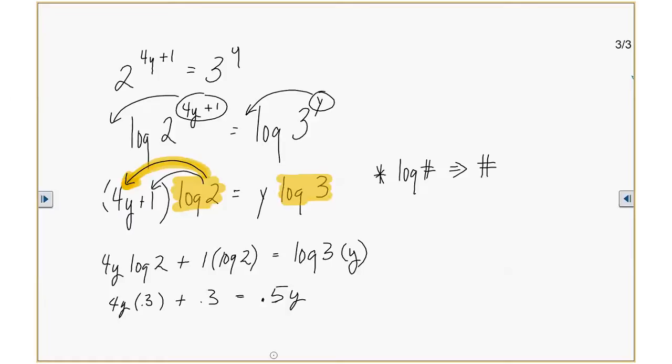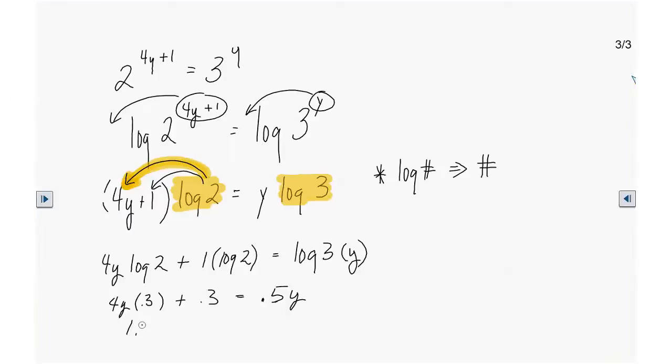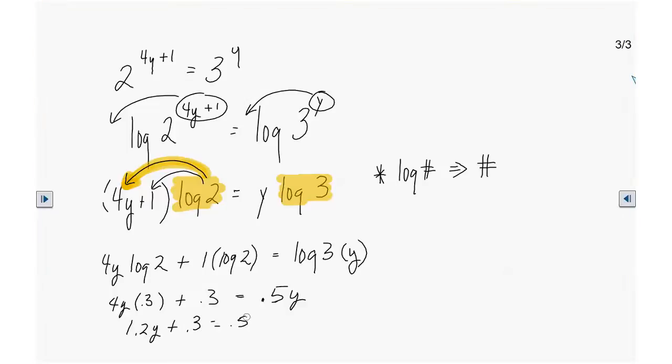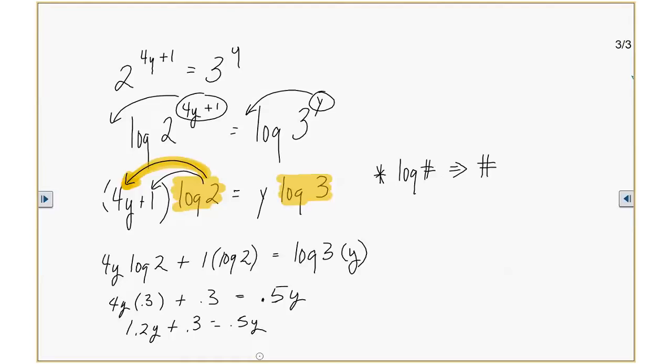Well, 10% of 4 would be 0.4. So 0.4 times 3 is 1.2. So 1.2y plus 0.3 is equal to 0.5y. And I want to keep my variable positive, so I'm going to move the smallest bucket. The smallest bucket is 1.2.